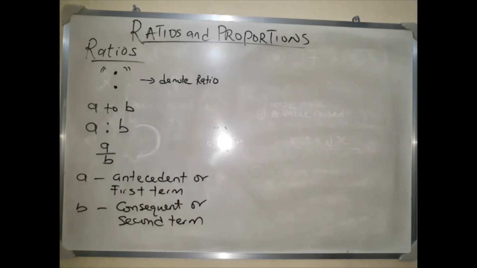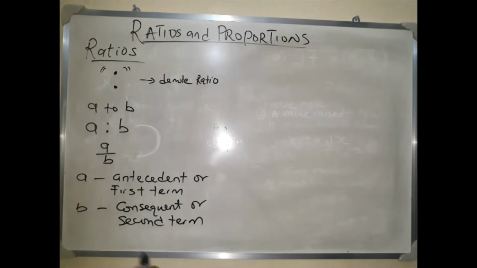Now, let's assume that we have two quantities, as we have here on the board, A and B, and we have to find the ratio of these two quantities. In order to do this, we're going to have to use the formula of the ratio.